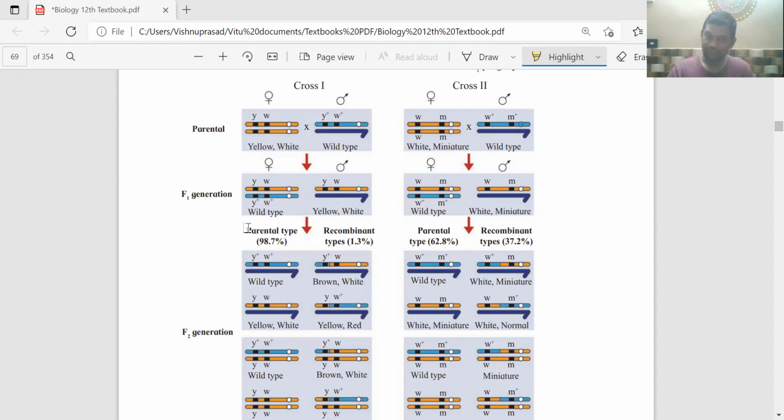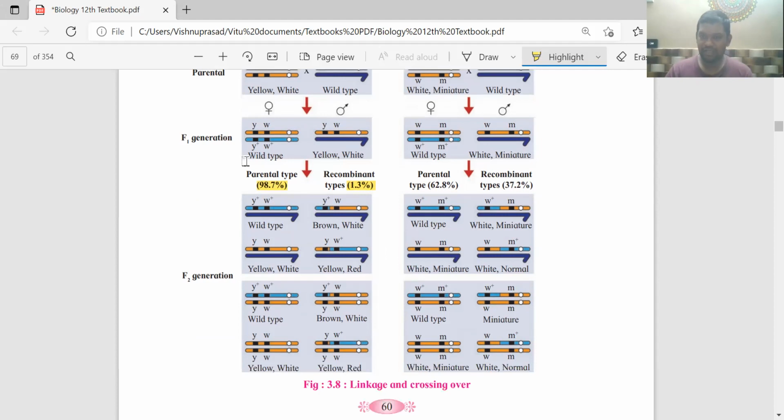Phenotypically, the same parental type is observed, yellow white or wild. The parental combination, 98.7%, was conserved. The recombinant type was just 1.3%.